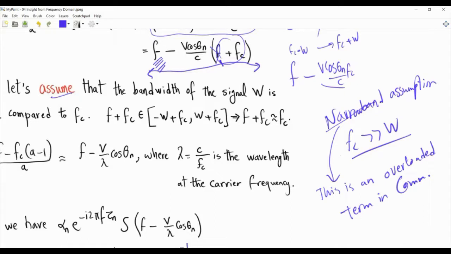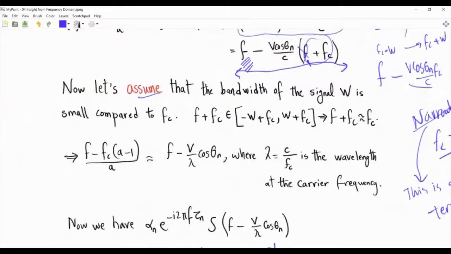Okay, so the word narrowband again is one of those abused terms that are used to mean several things, and you need to use the context to understand what it's used for. And today, it's used to mean a signal is narrowband if the bandwidth of the signal is much, much less than the carrier frequency used in transmission.